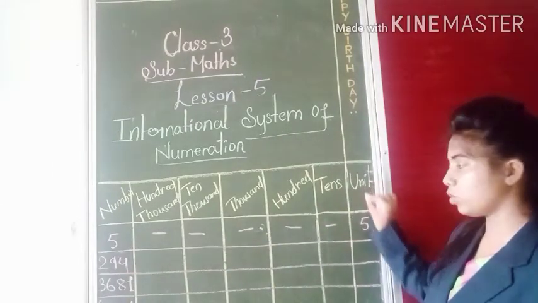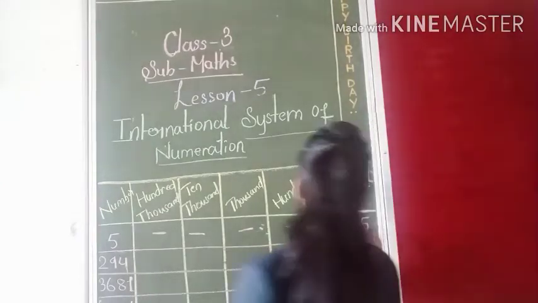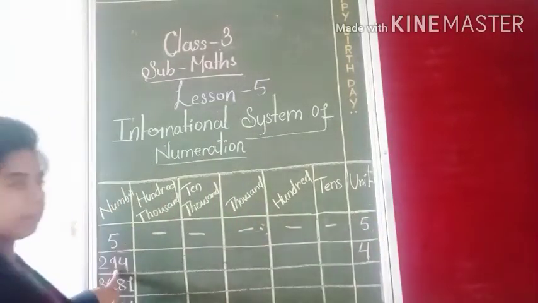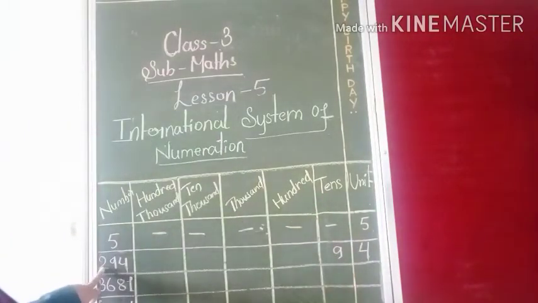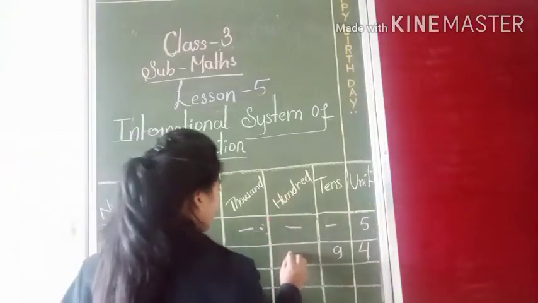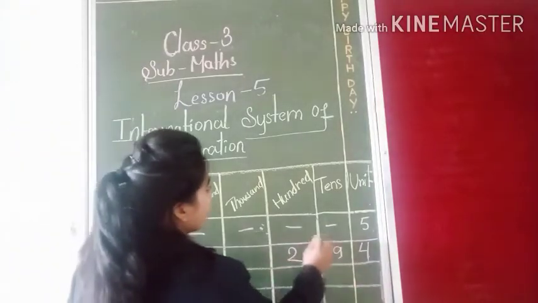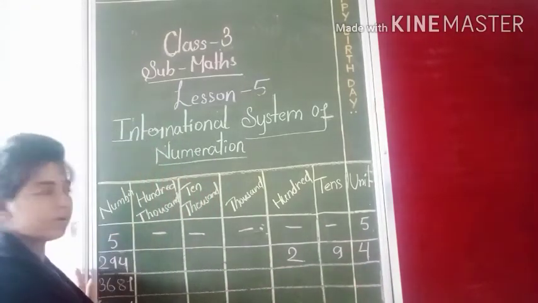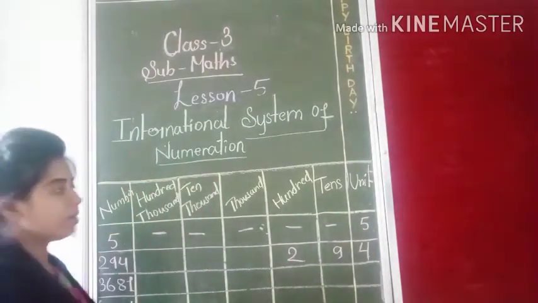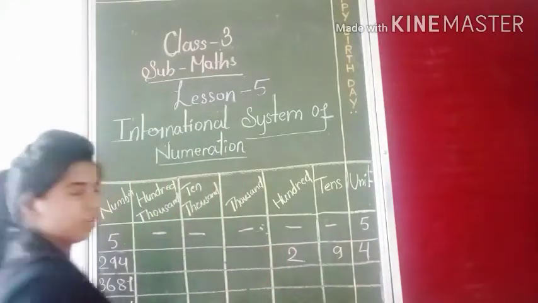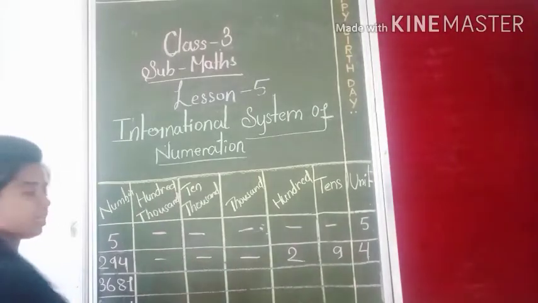Starting from the units place, we write 4 in units, then 9 in the tens part, and the last one, 2, in the 100 part. So we read 294. When reading we go left to right, and when writing we go from right to left. In the 1,000 places there is no digit, so dash and dash.